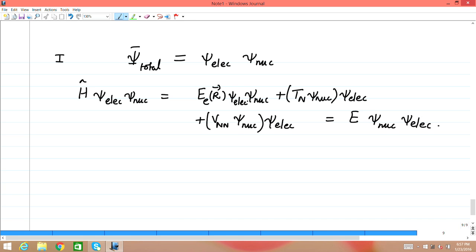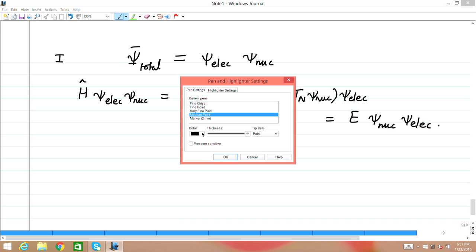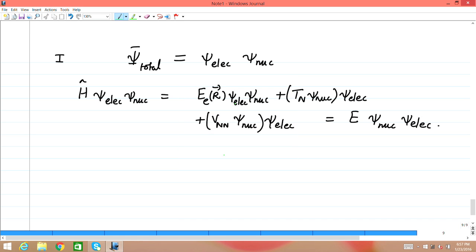So, now with this form you see that the psi electronic is a multiple to the entire function. So, you can get rid of that.